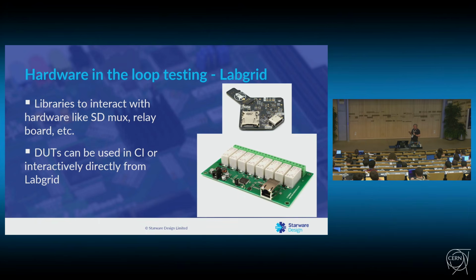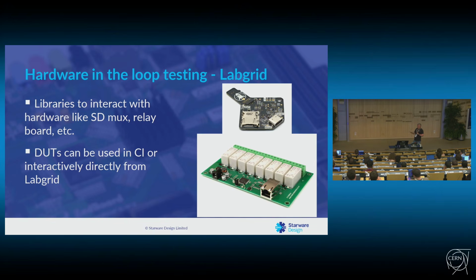And the other one is simply a relay board with an Ethernet interface. But then they have a library for VISA instrumentation, et cetera, et cetera. The reason why I was playing with LibGrid is you can use your device under test both as part of the CI infrastructure, but also interactively.